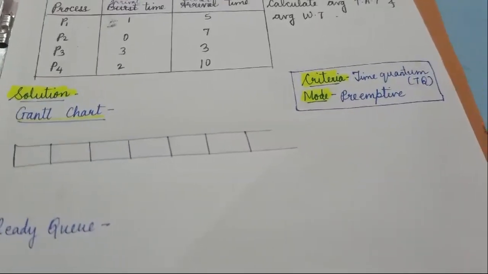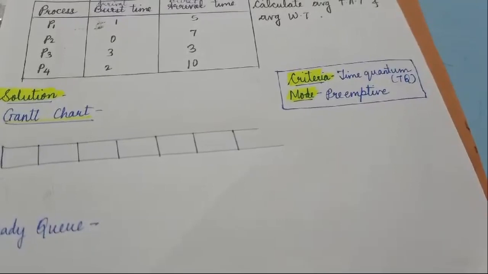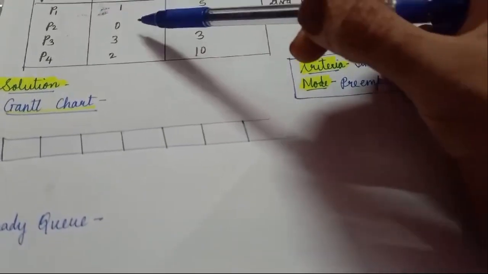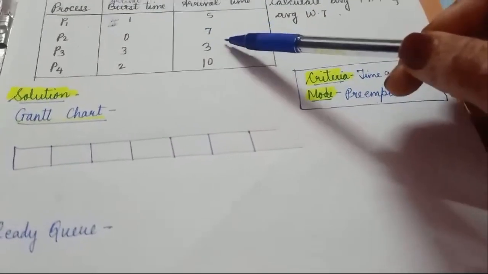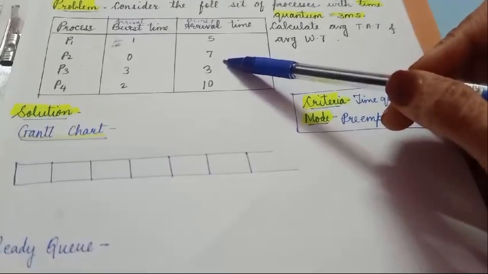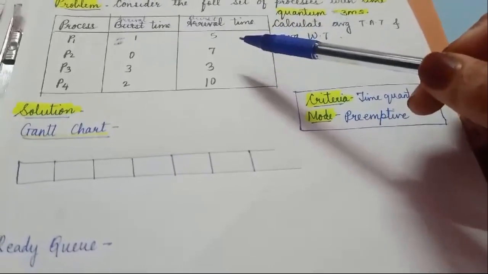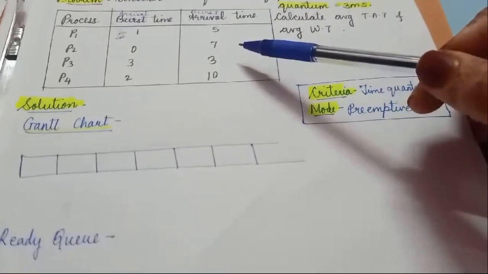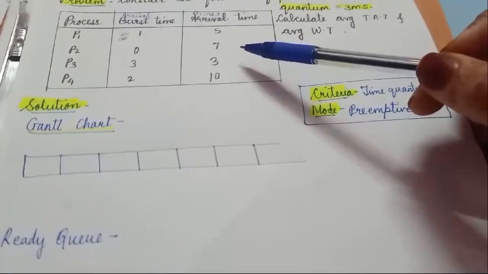Which process arrives first? Here the P2 process arrives first with burst time 7. As the process starts from 0, P2 will be the first process to come in.